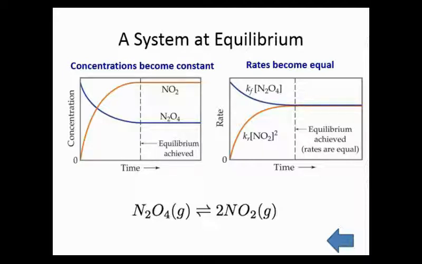So once again, the concentration of the reactants and products become constant when equilibrium is achieved, while the rate of the forward and the reverse reaction in the chemical reaction become equal once equilibrium is achieved.